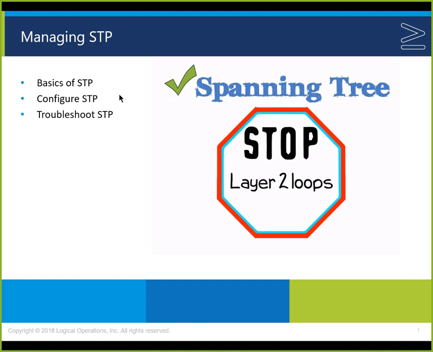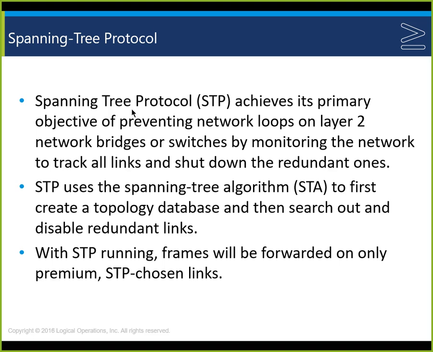So back to the basics, the configuring. Spanning tree achieves its primary objective of preventing network loops at layer 2 on bridges or switches, bridges and switches. A bridge is the original kind of device, and that's not the right word either.